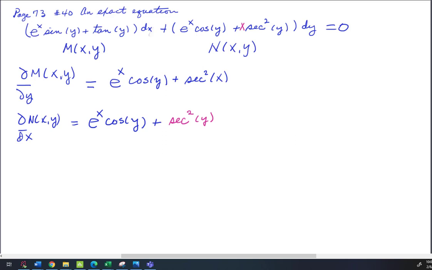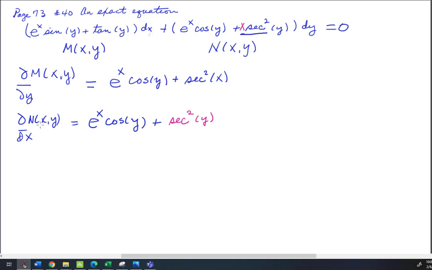All right, I knew that there was something wrong whenever I was trying to take the derivative of N with respect to x. And what was wrong was, when I wrote the problem down for you originally, this red x right here, I had forgotten the x. And so now I've added the x back in. It has no effect upon taking the derivative of M with respect to y.